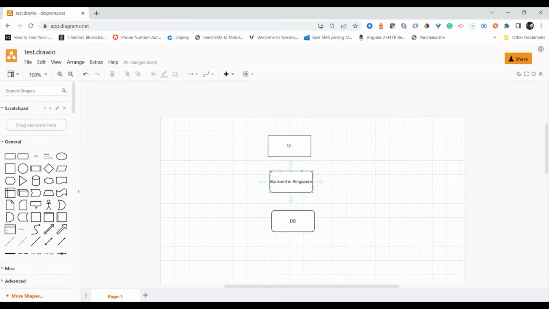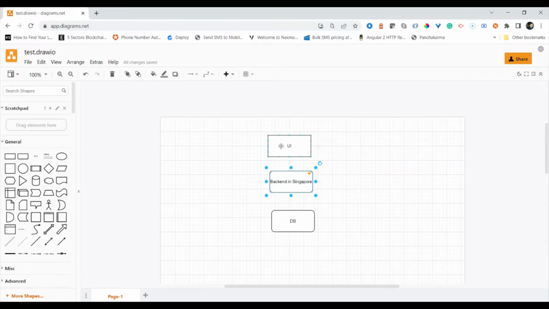Let's park that assumption aside for now, and consider cost as the first factor, that we can't spend much on infra in the initial days. That's why we have deployed our application in one region itself, across multiple AZs. Now, let's say in the Singapore region there is a natural calamity at some point in the year, and our servers are also there.